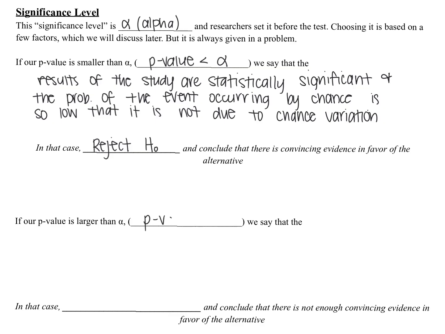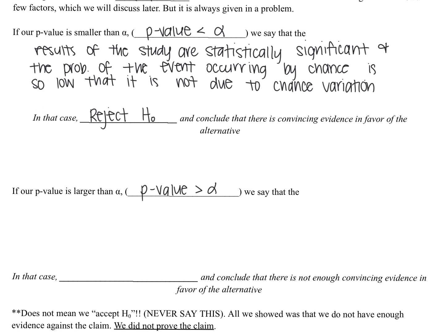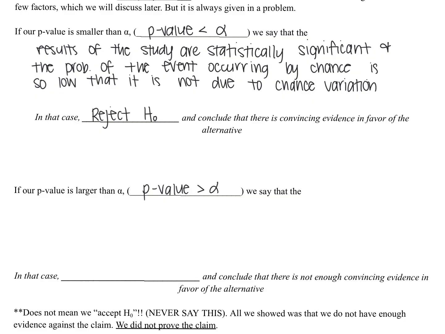So p-value greater than alpha. So we say the exact opposite of what we would say for when it's less than.